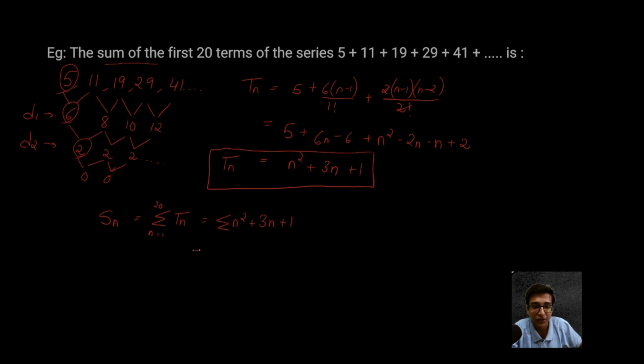And we have studied this property earlier, that whenever there is an addition inside a summation, we can break it down in this manner: summation n square plus summation 3n plus summation 1. Here at all times n is equal to 20, the final value up to which we have to sum this entire equation. So now let's do this.